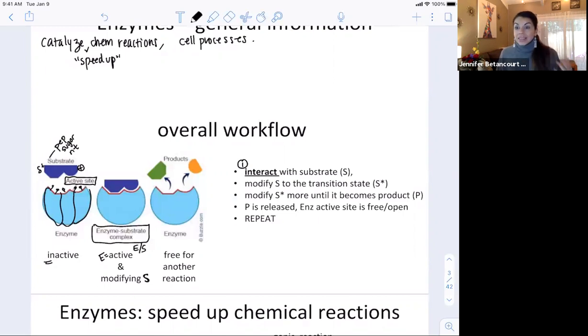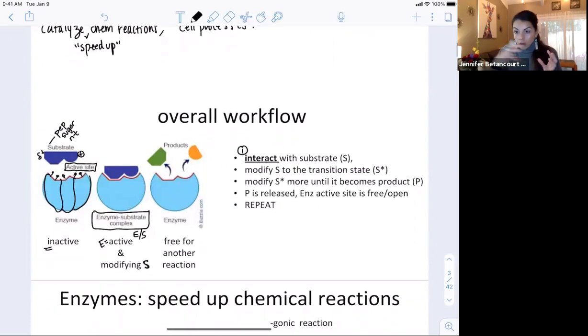Once the enzyme is done doing what it has to do to that substrate, the result is product. Along the way, as it's modifying, I don't want to call it a halfway point, but somewhere along the way, that molecule being modified can no longer be considered the substrate.